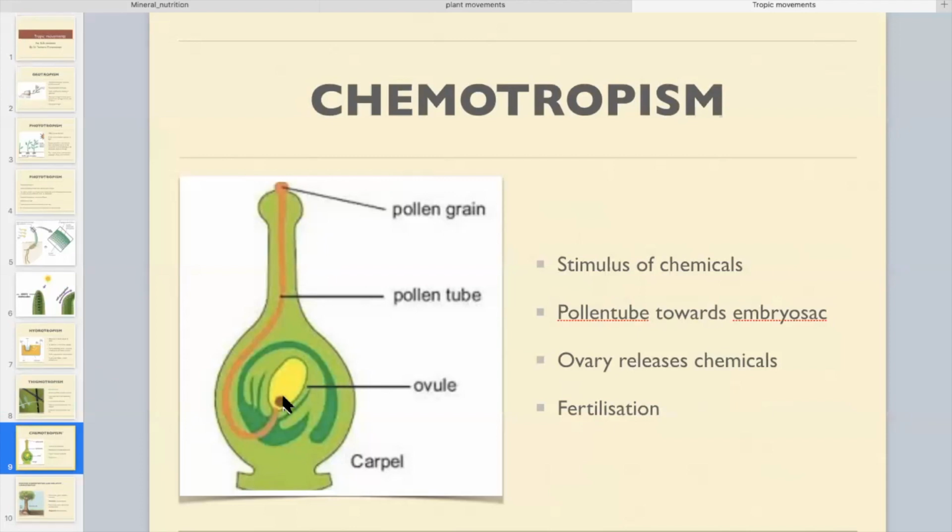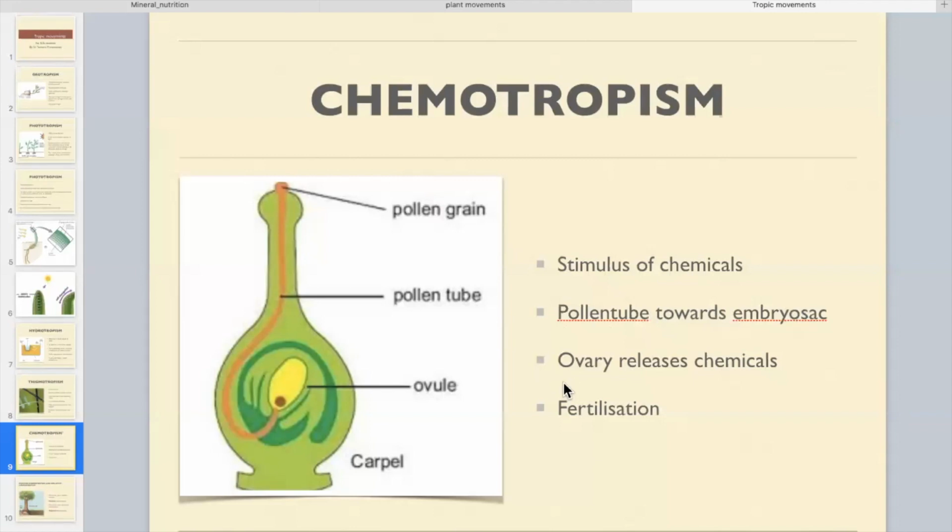In order to complete the fertilization process, the ovule secretes some sticky substance, a biochemical substance like nectar or another product like that. Due to this chemical attraction, pollen grains germinate towards that biochemical substance. So what is the stimulus here? Chemical is the stimulus. The pollen tube always grows towards the embryo sac itself.